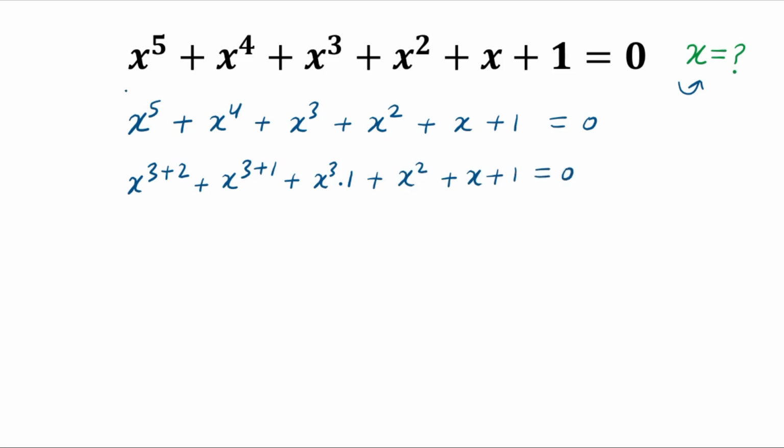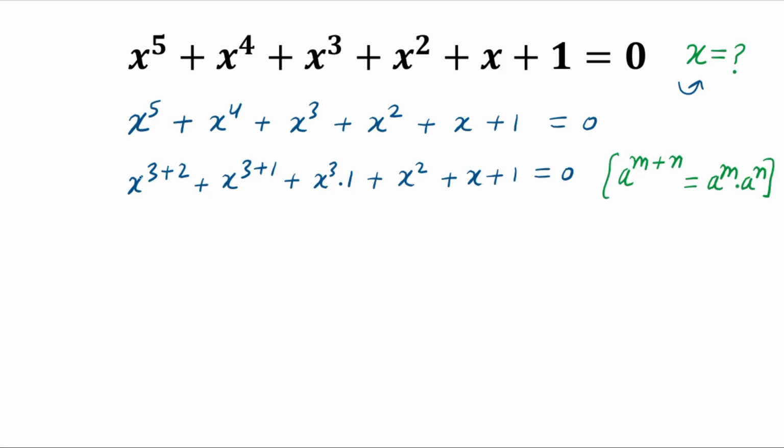We know that base and exponent rule, a power m plus n is equals to a power m times a power n. According to this rule, we can write this expression x power 3 plus 2. This x behaves like a, and this 3 is m, and this 2 is n. Then we can write here a power m times a power n.